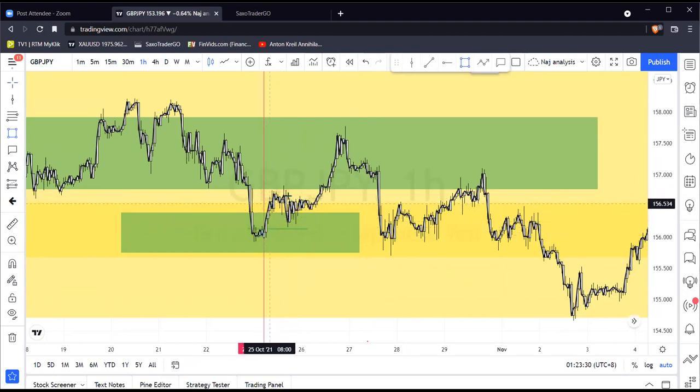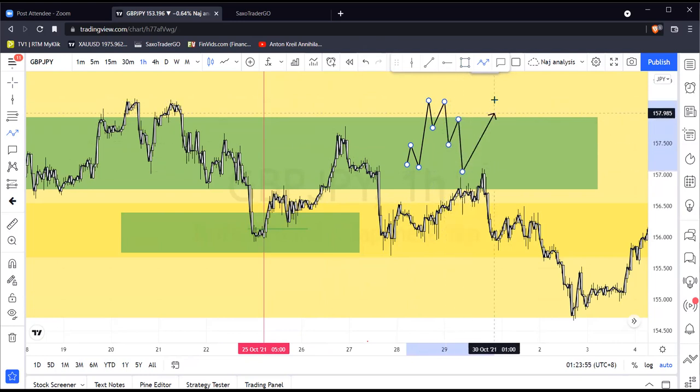So this is breakout, pullback, entry. Now we are applying the breakout, pullback, entry. Guys, are you familiar with the breakout, pullback, entry concept? Yes. Okay, let me explain while we are doing it. This is a market cycle that we need to follow.